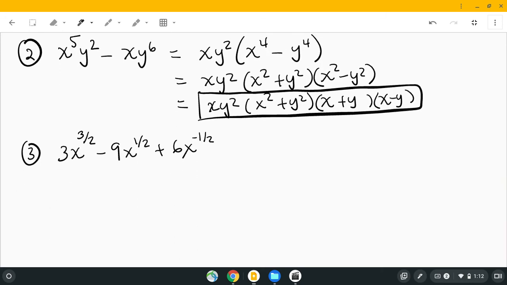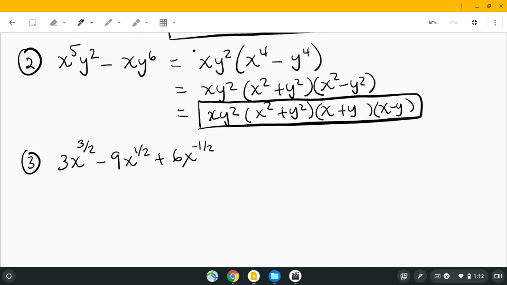Okay, now with this one, if you notice here, let's take a look at this example up here. We notice that they have y in common, and we always took the smallest exponent. So we factored out the smallest exponent. So here, there's y squared, and here's y to the sixth, and so we factored out y squared. Okay, so that idea of factoring out the smallest still applies here with fractions and negative numbers.